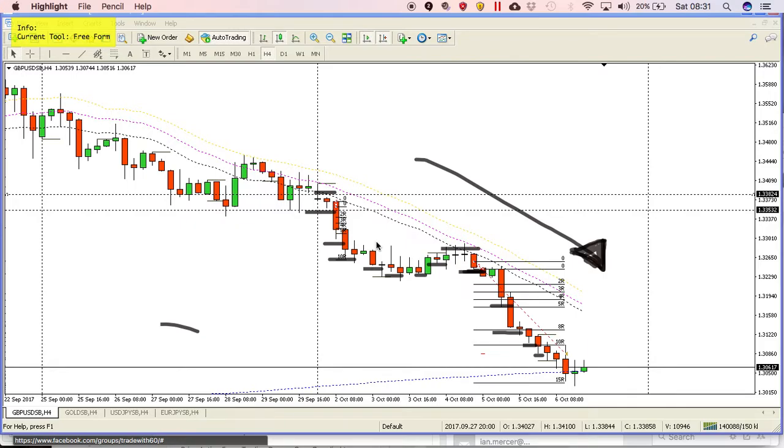So the element that we have control over, that's going to decide how much money we make, is the exit system.